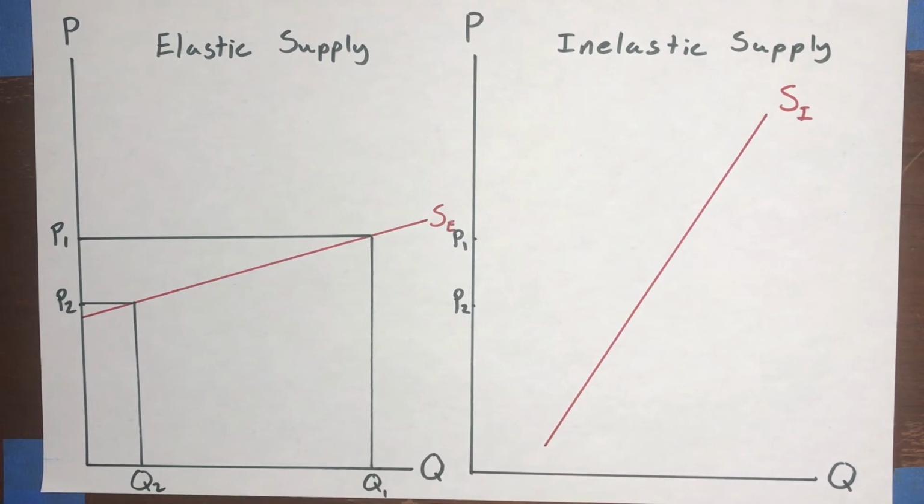Q2. On the other hand, you have some markets where the supply curve is a lot steeper, which tells you that sellers are not as responsive to changes in price.